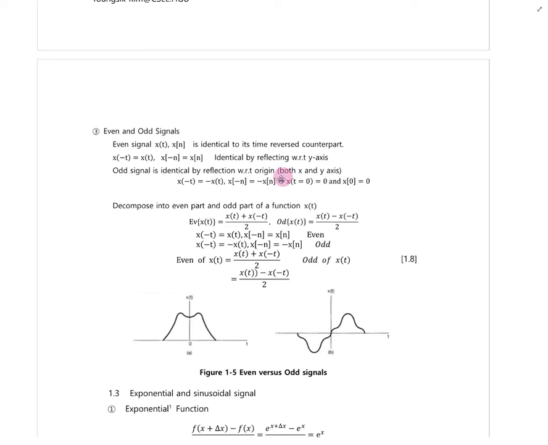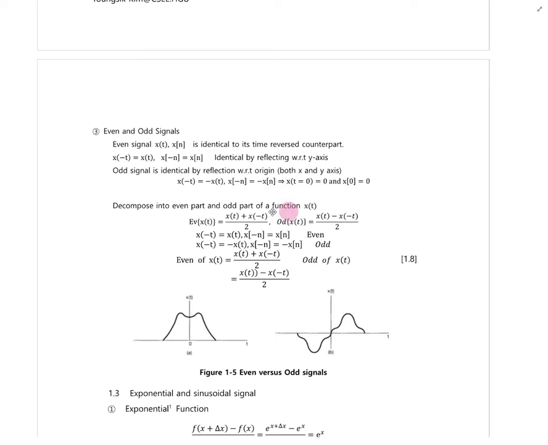So x(-t) should be -x(t), or x[-n] should equal -x[n]. To satisfy these conditions, this signal should be 0 at t equals 0, or index equals 0. If it is not, this does not satisfy. So an odd signal always passes through the origin.